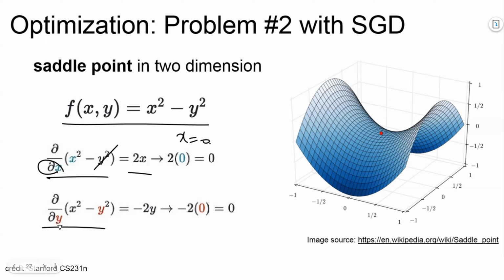And for the derivative with respect to y, here we are considering x as constant, and this becomes minus 2y. What makes minus 2y zero? When y equals 0. So (0, 0) is a saddle point. And this process is the same as when we calculate the minimum points.